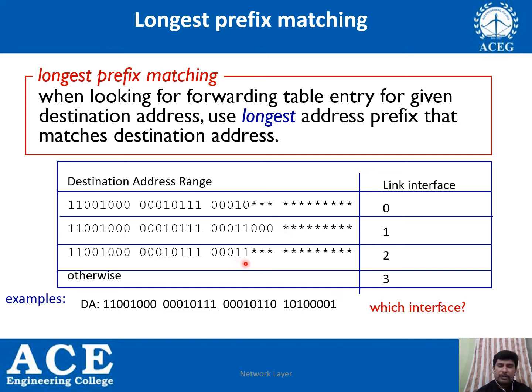Next we have 1001 and the remaining address ranges. Now in this I have received a datagram with an address 110010011010110101101001. I need to apply longest prefix matching.